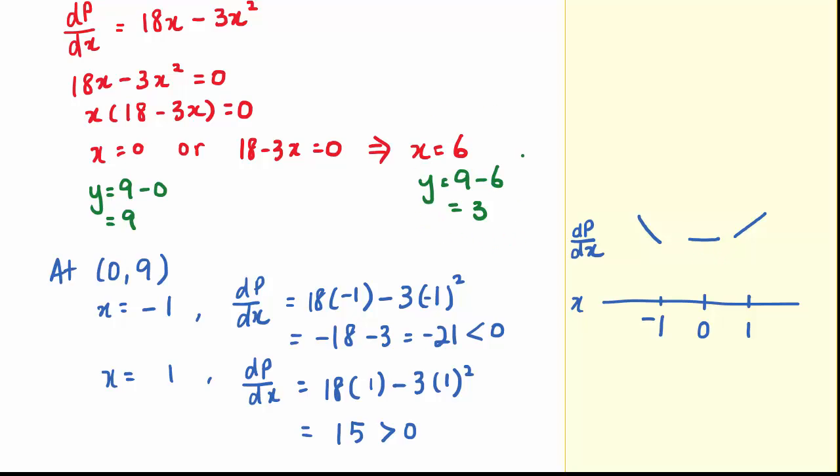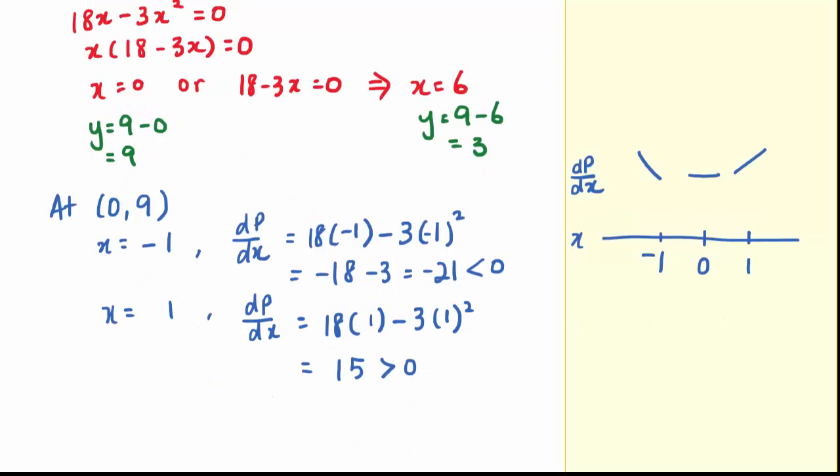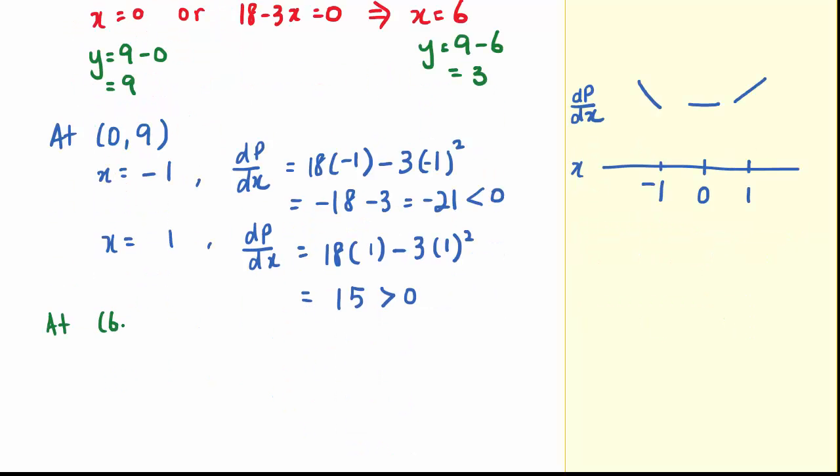Let's verify whether the other stationary point, (6, 3), is actually a maximum point. At x equals 6, it is a stationary point, and dp/dx equals 0. So that's 0 slope. Let's test points close to the stationary point.